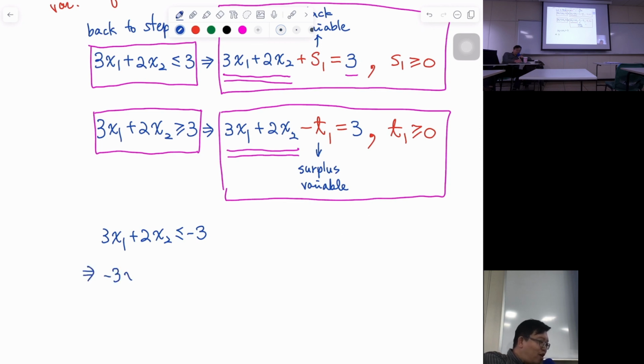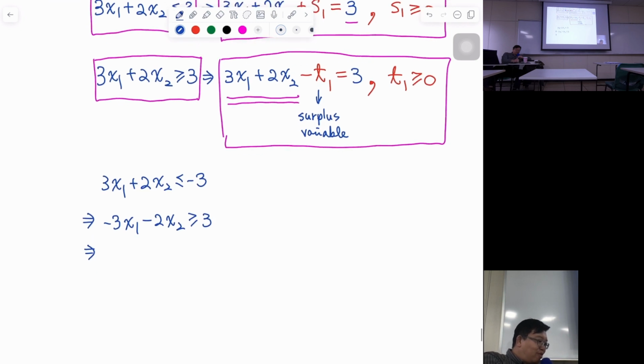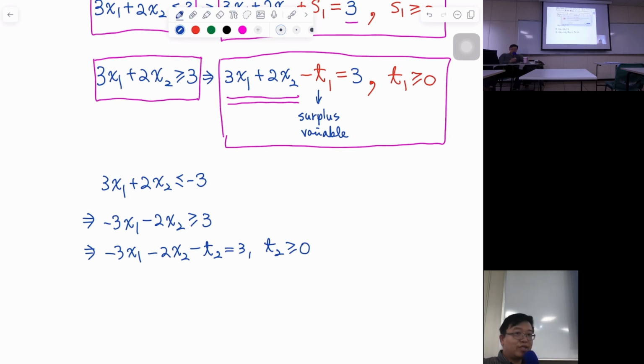So at the end, you have something like this. Just multiply -1 to switch the sign. Then add the surplus variable. So it's like this. Minus, for example, T2 equals to 0. But T2 has to be positive. Okay? So you still can do it.